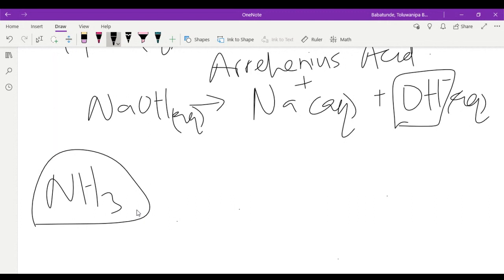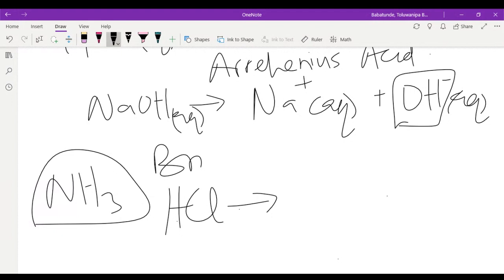According to Bronsted-Lowry, we can also say that when HCl dissolves in water, it's going to be an acid.